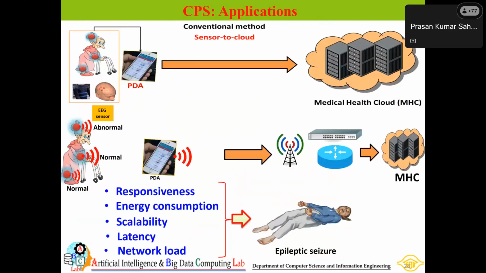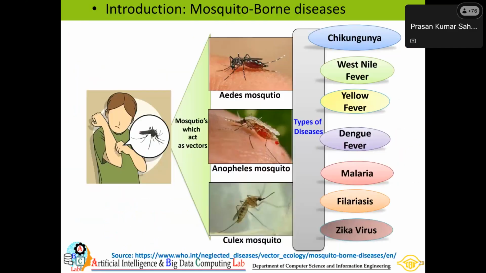So in the conventional method, after collecting data through the PDA, that data can also be transmitted to the medical health cloud, and then the data can be analyzed in the medical health cloud to give the feedback.